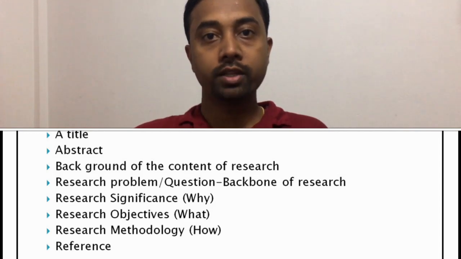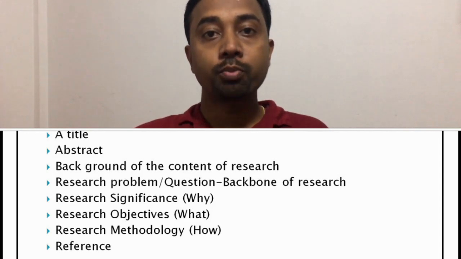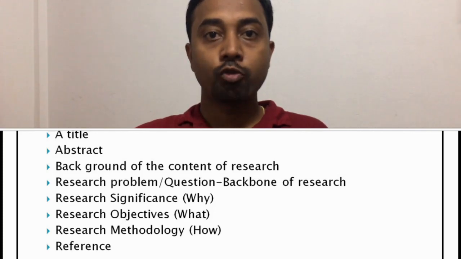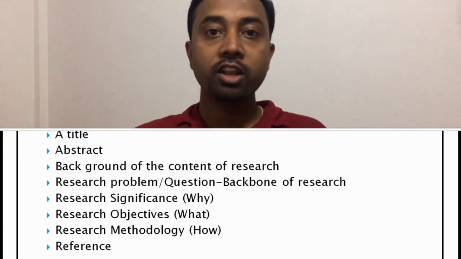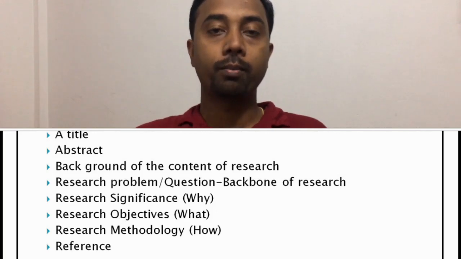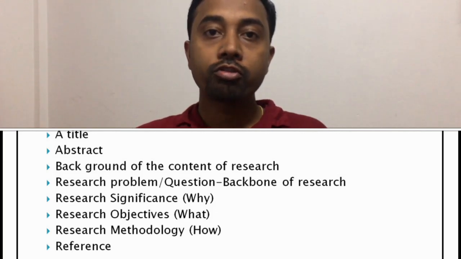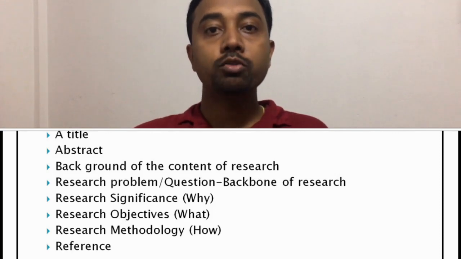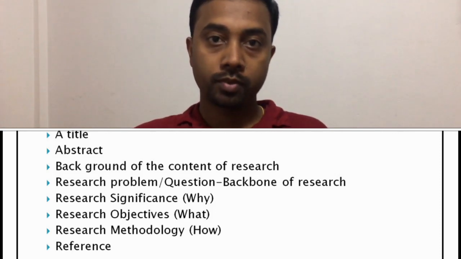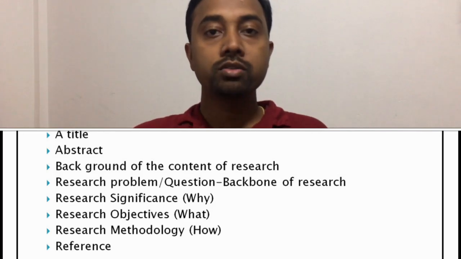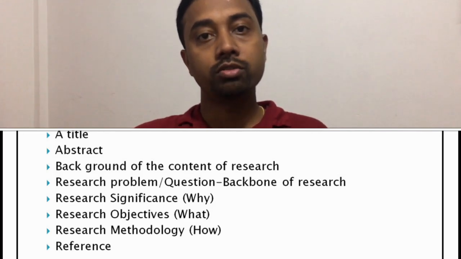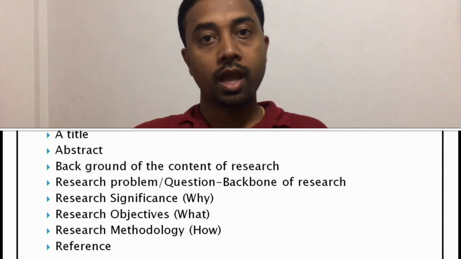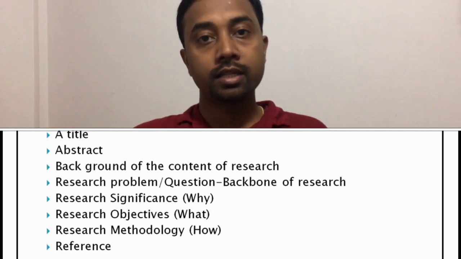The third is the research problem. The fourth is the significance of this research problem. The fifth is the objectives of the research problem. The sixth is the methodology of the research problem. And finally, the review. We can see each of them in detail.